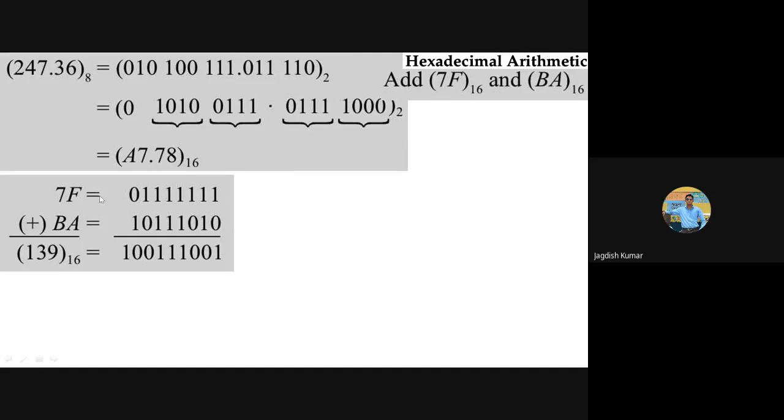One way is to try f plus a, but then you have to go to the table for the hexadecimal number system, because after f will be, I think, the next digit. Then you have to find out what a is equal to in decimal. Rather than doing that, you convert this number to binary form, and the second one too, and do binary addition. That's really simple and straightforward. And you know how to add binary numbers. So this will be the answer.